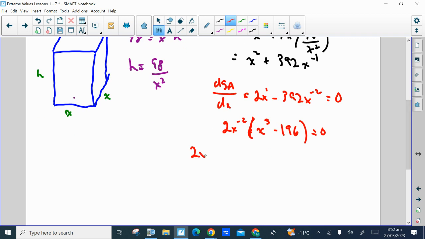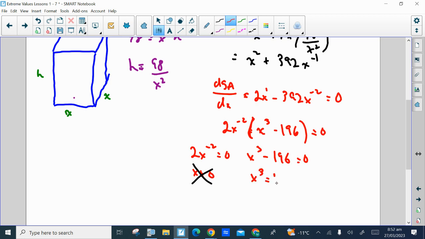And so our solutions will come when each factor equals 0. For the first one, that will be where x is 0, which is not permissible, because then you wouldn't have a box anymore. The second one would come from solving that equation.